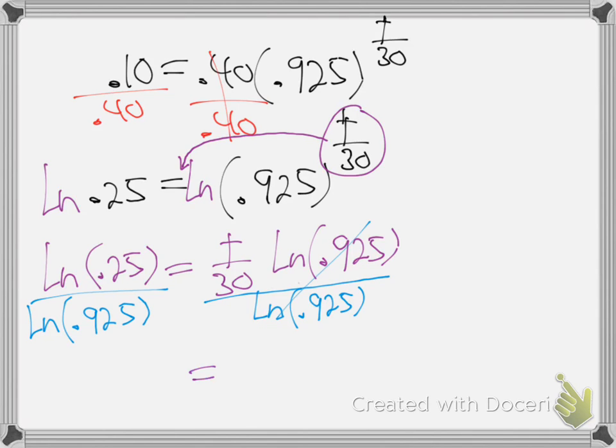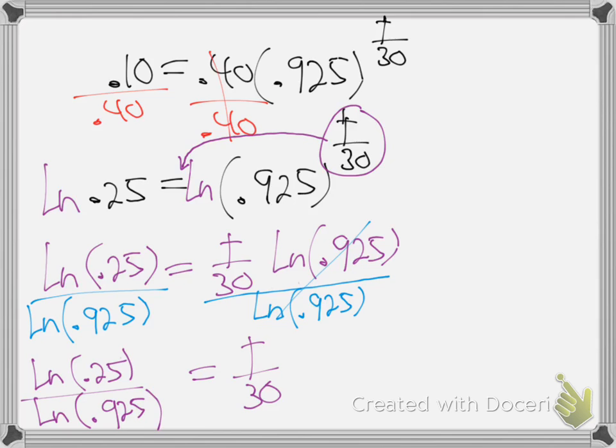So then we get t over 30 is ln 0.25 over ln 0.925. Last step to get t alone, multiply both sides by 30, and it cancels.